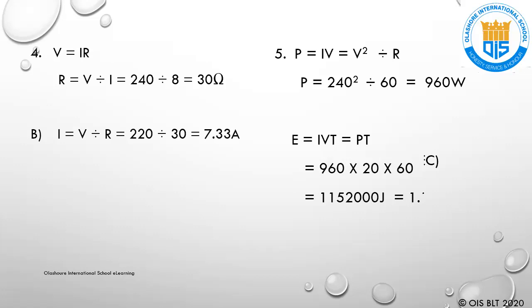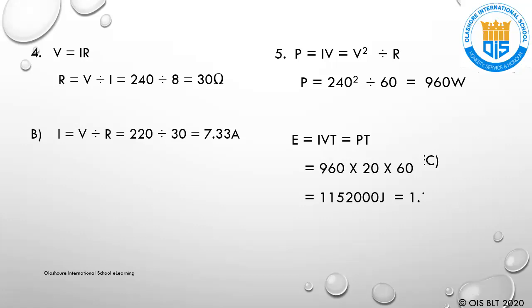And for 4B, you were asked to find current if the voltage was changed. So the same resistance you found in 4A is what you're going to use for 4B. And you get 7.33 amps.